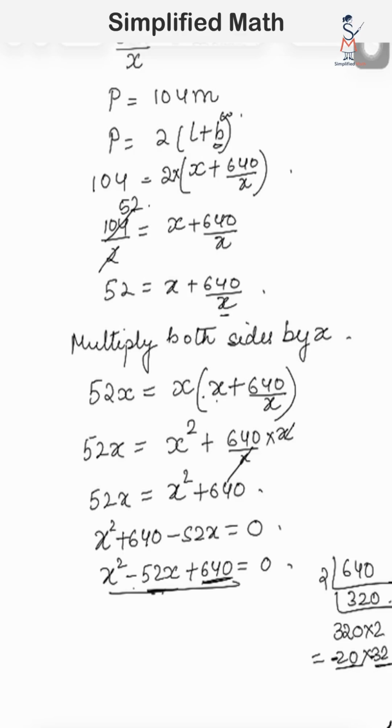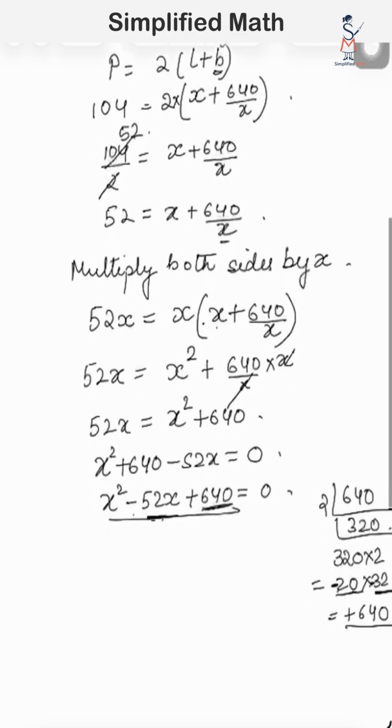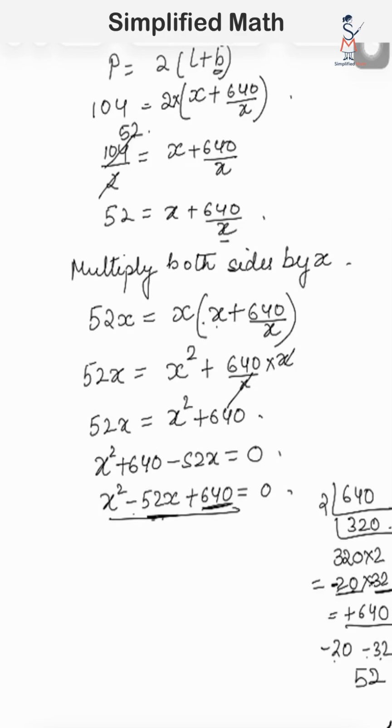And 20 multiplied by 32 will give what? 640, and minus times minus is plus. Fine. So 640 has come. And then minus 20 and minus 32, minus plus, that is 52, and 32 is a bigger number, so we put the sign with it.